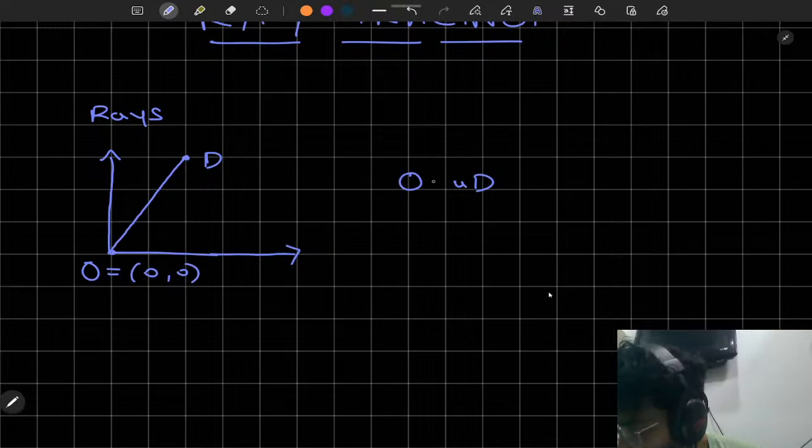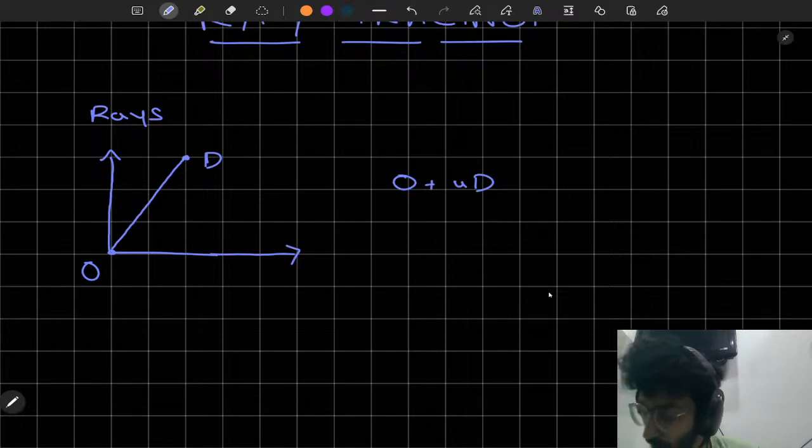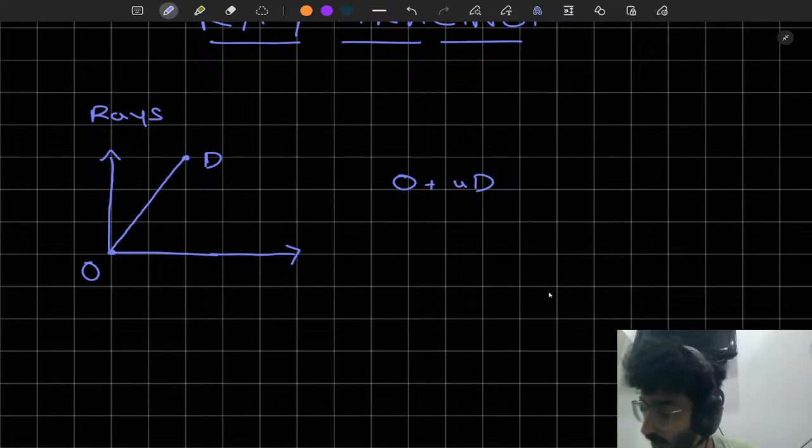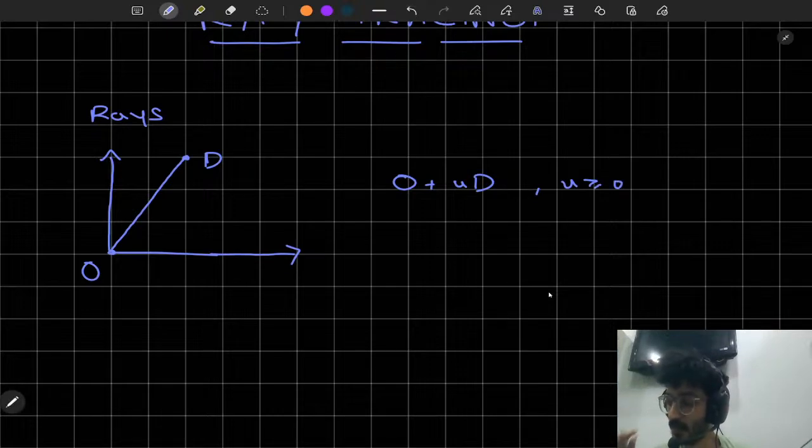But since it could be anything, we need to make sure we add the offset to this. And since the ray only extends infinitely in one direction, we need to have this condition to make sure we get only points on this side of the 2D space.